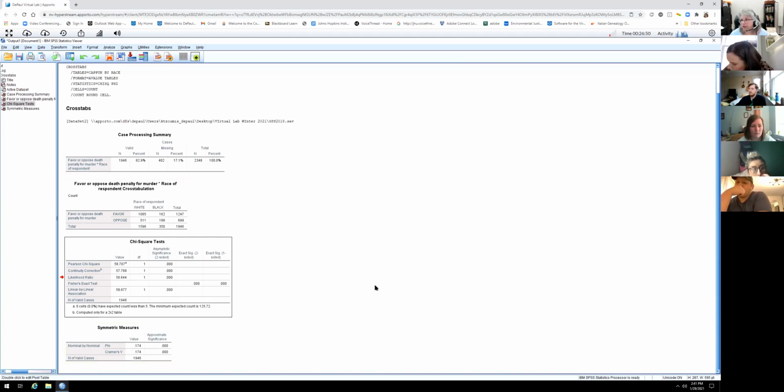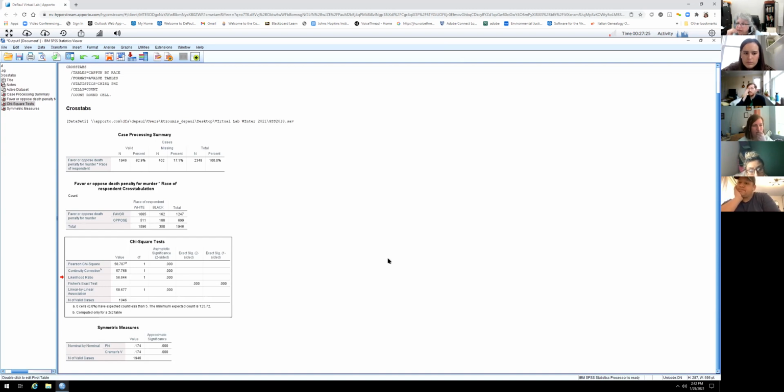Okay. All right. Now here comes the analysis, chi-square. From the lecture, what does chi-square tell us before I interpret this? What does chi-square tell us? I don't remember.